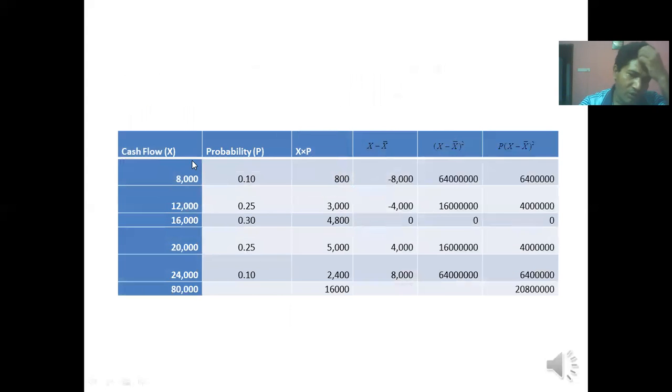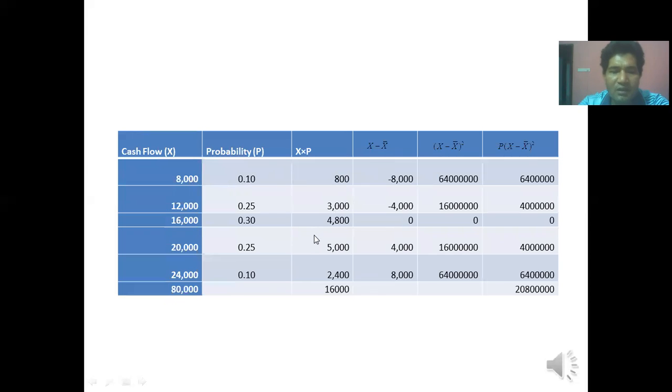In the same way, we can calculate the variance, getting this column by multiplying this column by this column. The mean cash flow is 16,000.